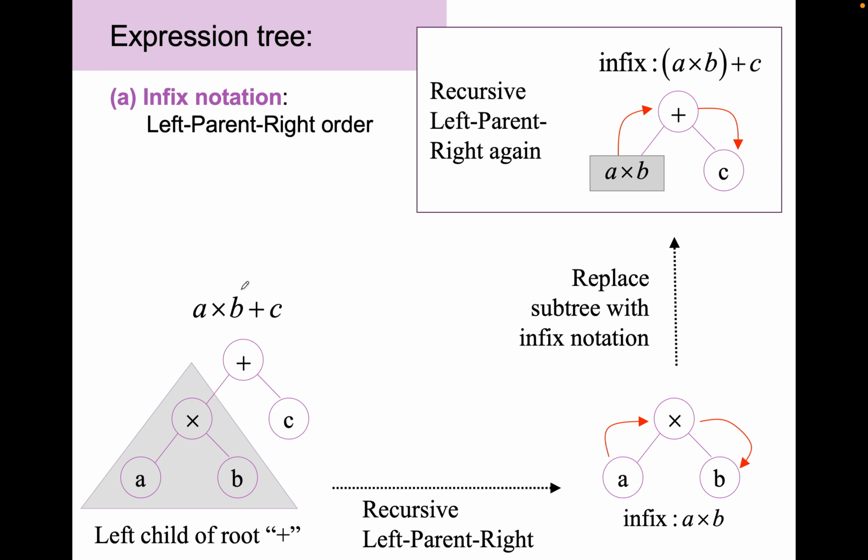Left, parent, and then there is a right. Recursive left parent right again. We have the infix of A multiply with B, and replace the subtree with the infix notation. So we're going to replace with the recursive left parent right.